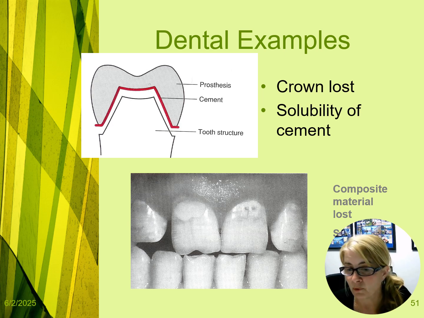It's got to be compatible with the oral harsh environment, and it's also got to be compatible with the material that the crown is made of, and we'll go into that a lot more when we get to cements. The bottom picture is composite, so where there is composite material that's been lost due to solubility. So we want to pick good materials for the spot that the restoration is and for the material that we're using, so that it doesn't wash out.